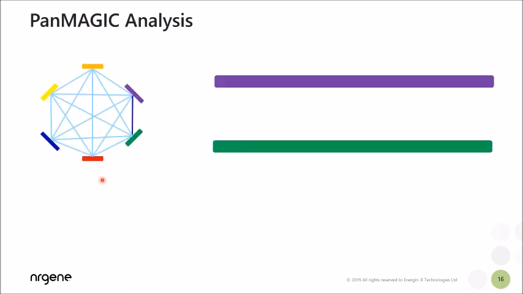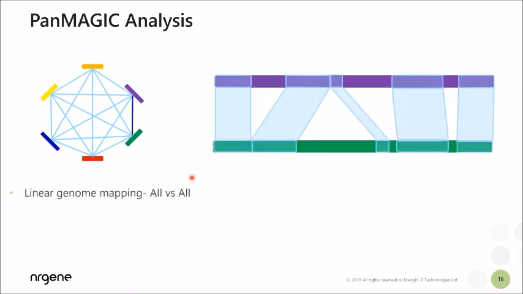Moving on, after you have a few de novo assemblies, these are schematics that represent 6 different de novo assemblies of 6 different varieties. I'm going to show you what we actually do, comparing these 2, purple and green. We start with linear genome mapping. We walk along all chromosomes and depict at base pair resolution all the places that are matched, meaning there's a full sequence identity between the 2 lines, and all the regions that are unmatched are stored also.